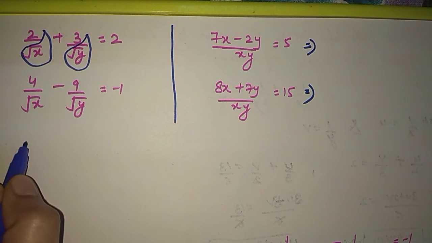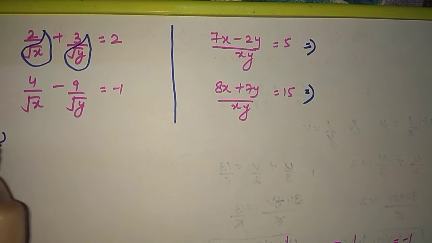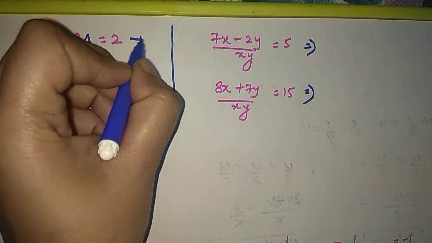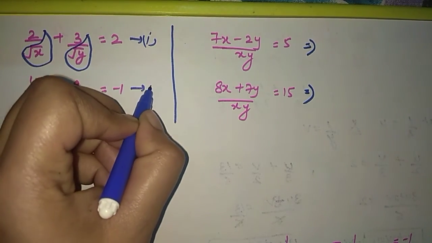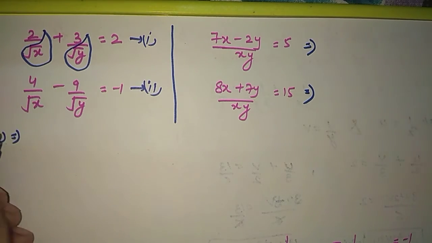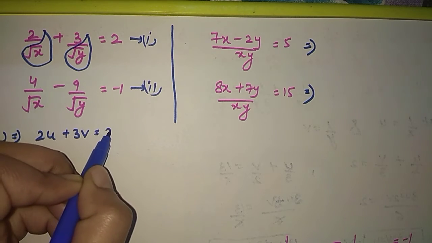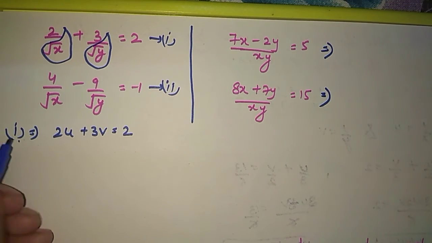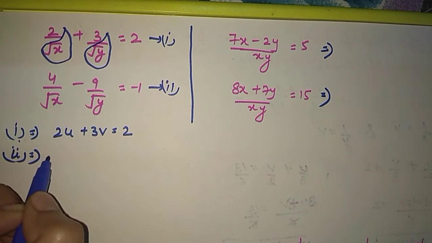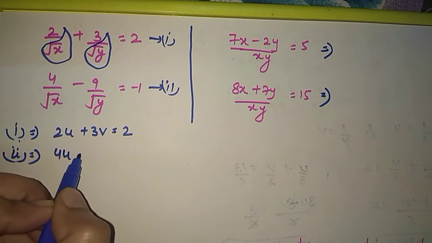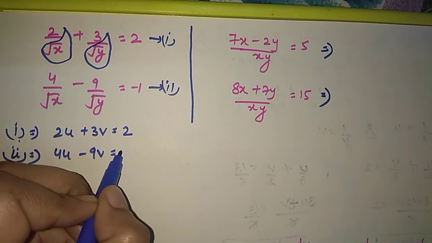From the first equation we have 2u plus 3v is equal to 2, and from the second equation we have 4u minus 9v is equal to minus 1.